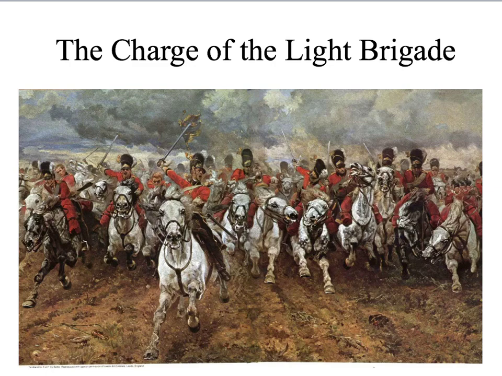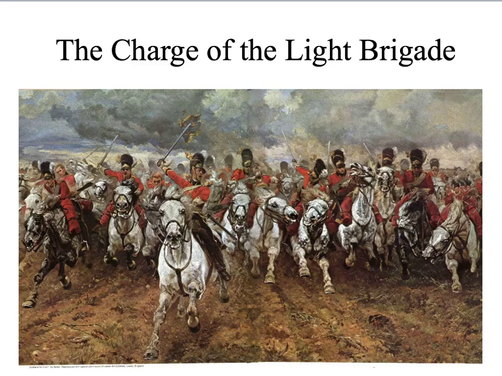Half a league, half a league, half a league onward, all in the valley of death rode the 600. Forward the light brigade, charge for the guns, he said, into the valley of death rode the 600. Forward the light brigade, was there a man dismayed? Not though the soldiers knew someone had blundered. There is not to make reply, there is not to reason why, there's but to do and die.